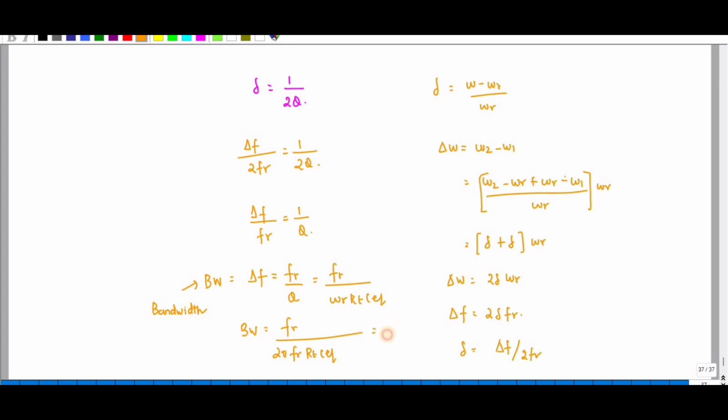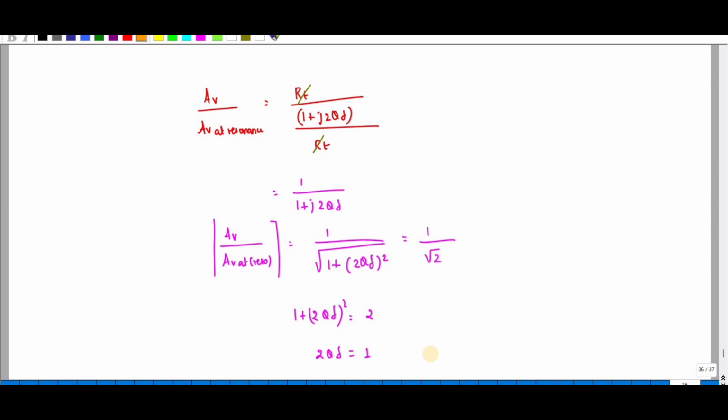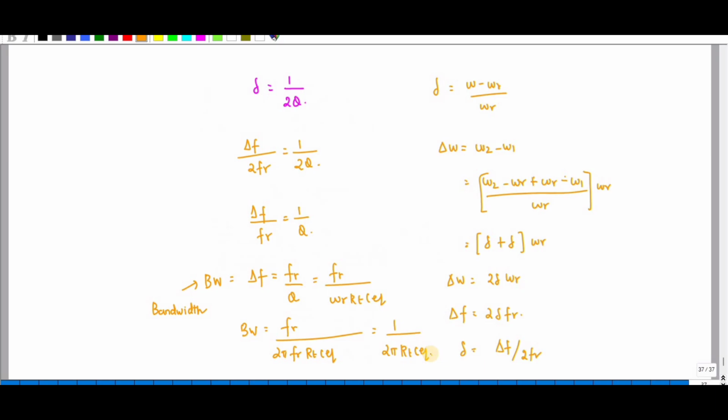This is nothing but 1 divided by 2 pi RT C equivalent. Okay, this is your bandwidth for the single tuned amplifier, and this is your gain for the single tuned amplifier. So I hope this video is useful for you. Thank you very much.